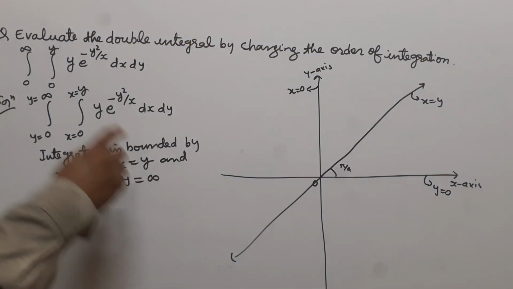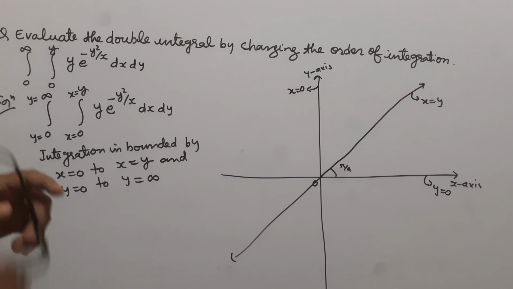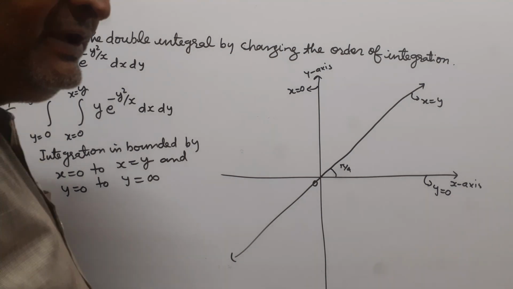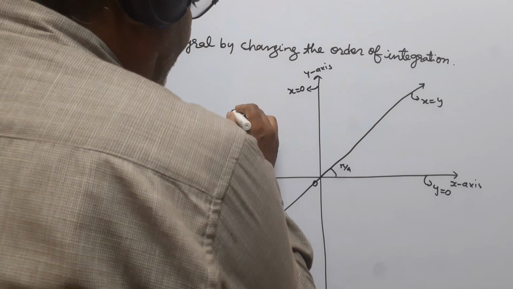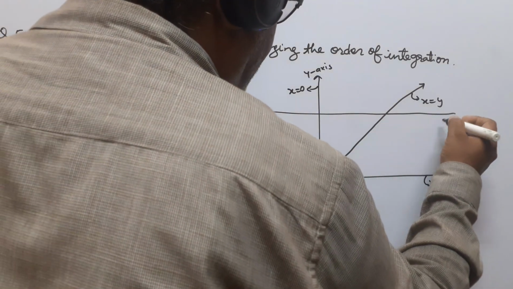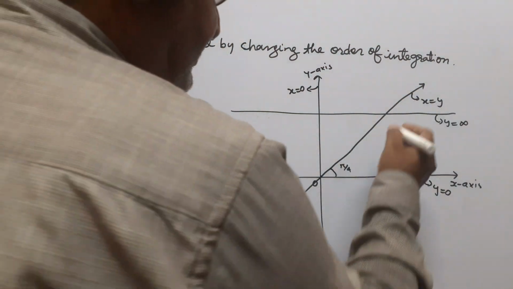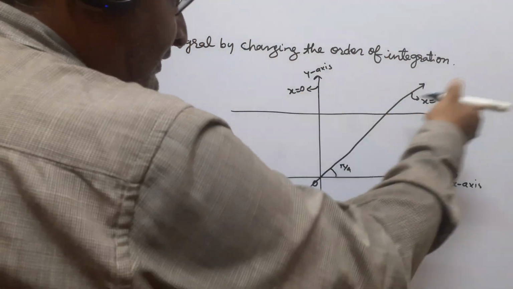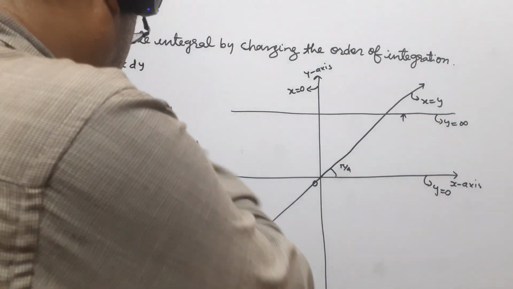Now y is equal to infinity. It is the line which is parallel to the x axis and at a distance infinity from the x axis. We suppose that this is the line y equal to infinity, parallel to the x axis, and that this distance is infinite.